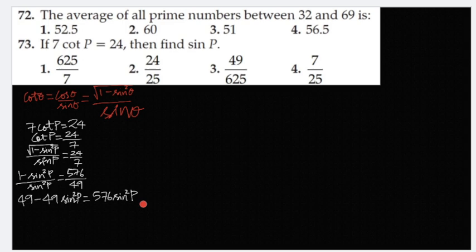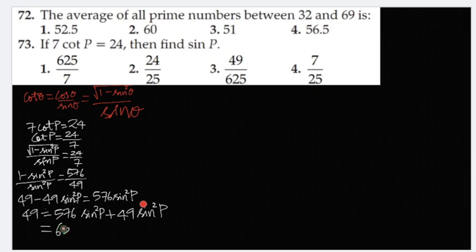We will get 49 is equal to 576 sin square P plus 49 sin square P. So what we will get? 576 plus 49 will be 625.